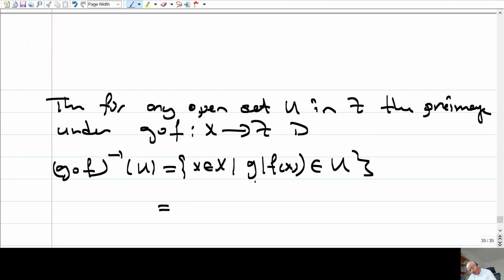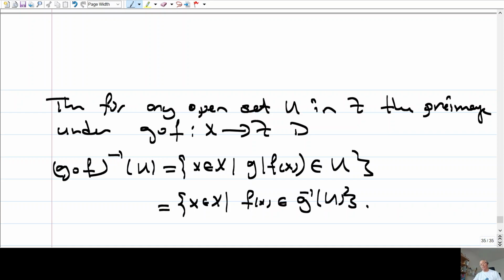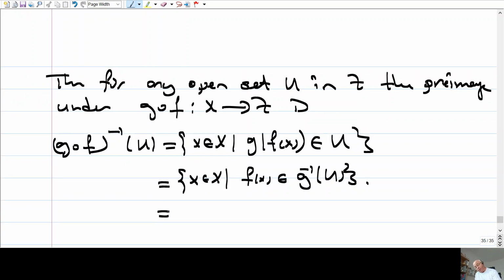But this is the same thing as x in X and F of x is in G inverse of U, right? And this is an open set.